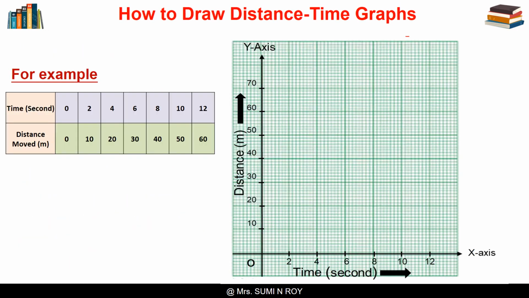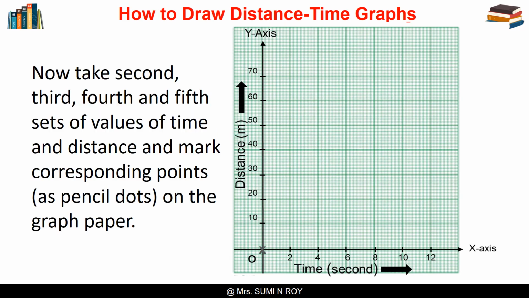From the given readings, take the first value of distance and time and mark one point on the graph paper where the graph lines representing these two values meet. Now take the second, third, fourth and fifth sets of values of time and distance and mark the corresponding points on the graph paper.